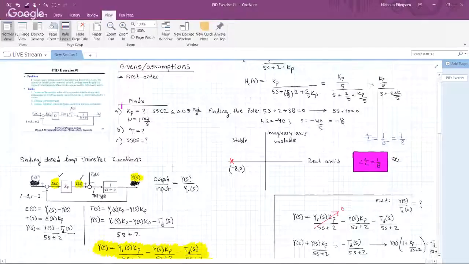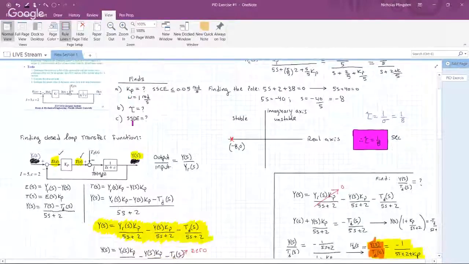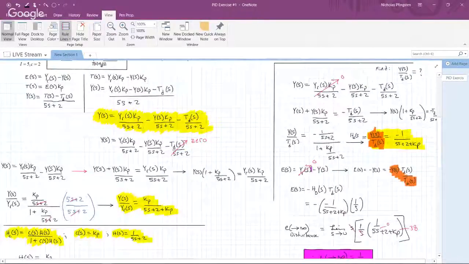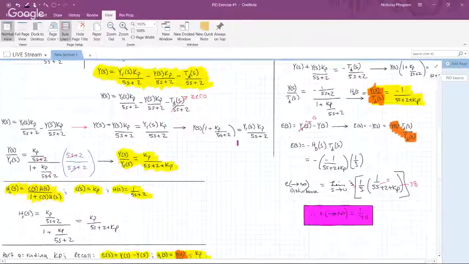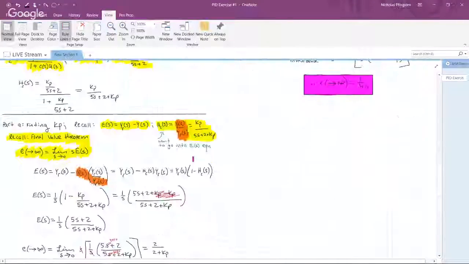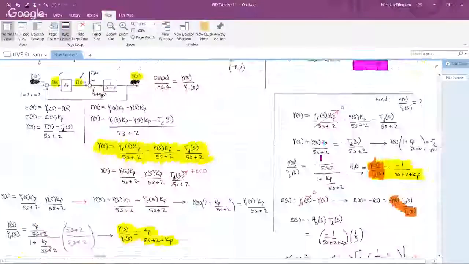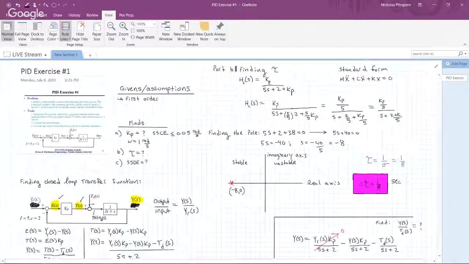We found the time constant, and we found the steady-state disturbance error. So it's coming down to really knowing these terms and working the problems. All right, so yeah, that is done with this example.